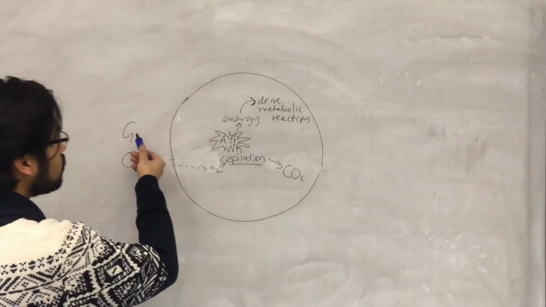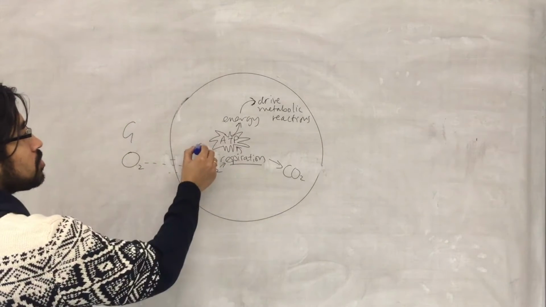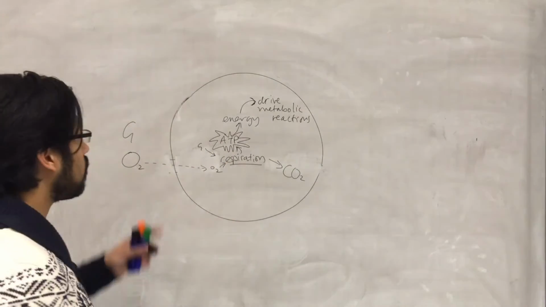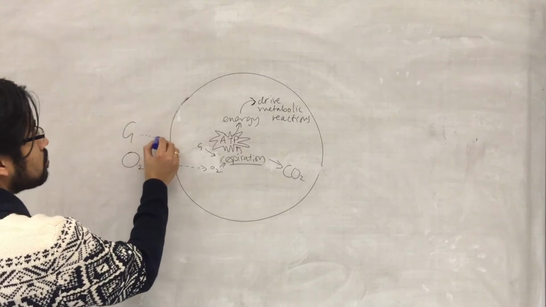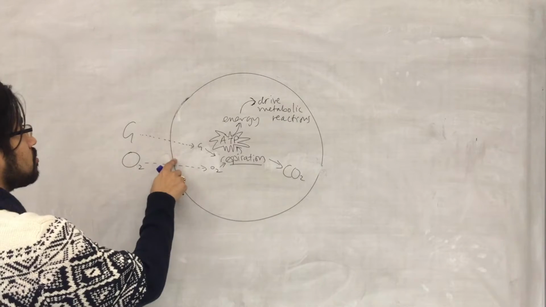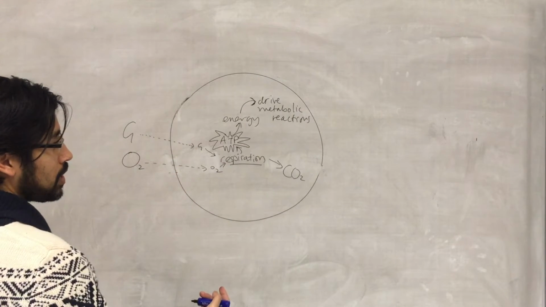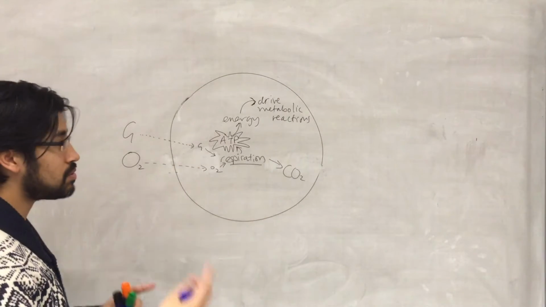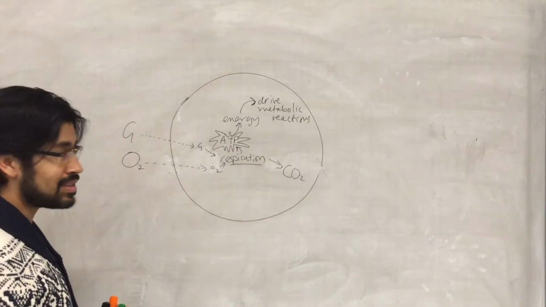Glucose, similarly, is also used up inside the cell, and therefore its concentration at any one time in the cell is going to be low relative to outside of the cell. So glucose also diffuses down the concentration gradient into the cell. Meanwhile, the continuous process of respiration is resulting in the buildup of carbon dioxide in the cell.